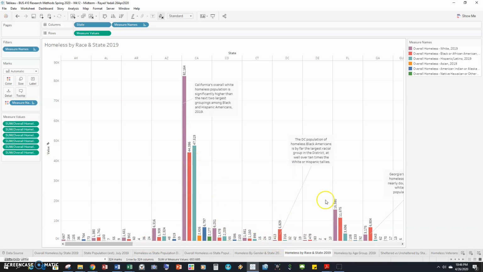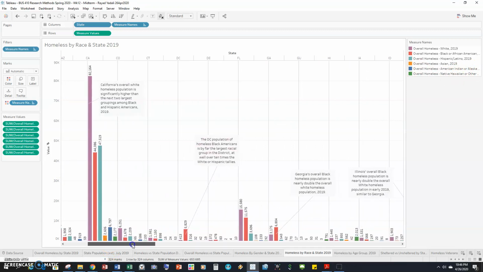If you move down the line to Washington, D.C., you'll notice it's predominantly the black homeless population compared to any of the other groups. The other groups being white, black, Hispanic, Asian, American Indian, Native Hawaiian, or other.